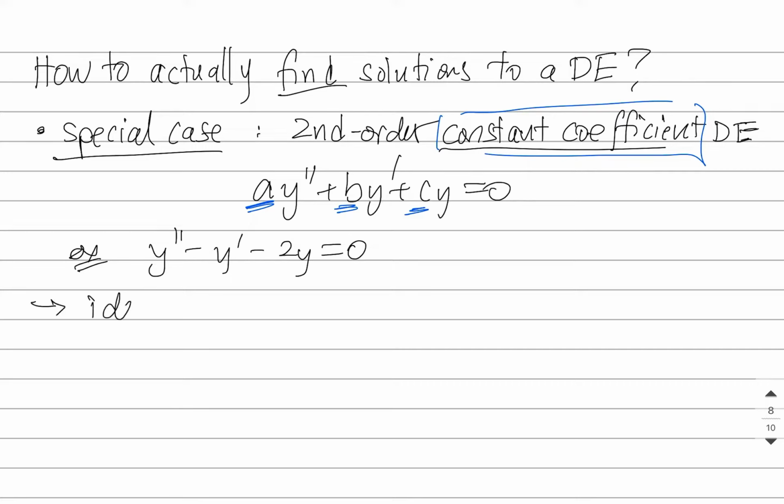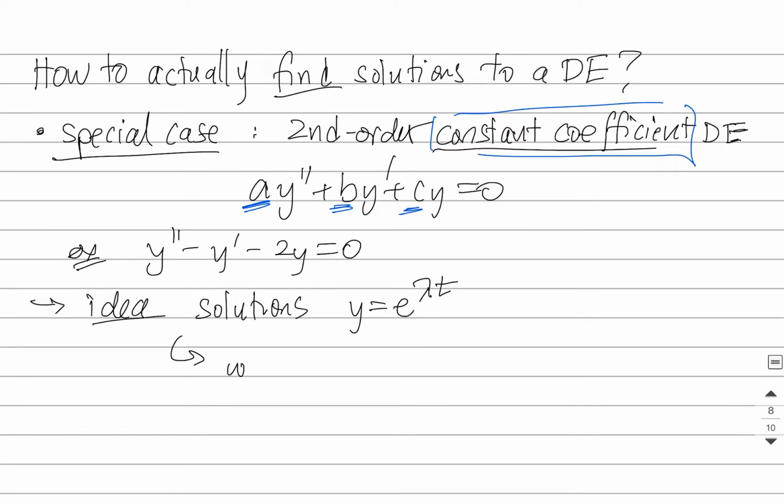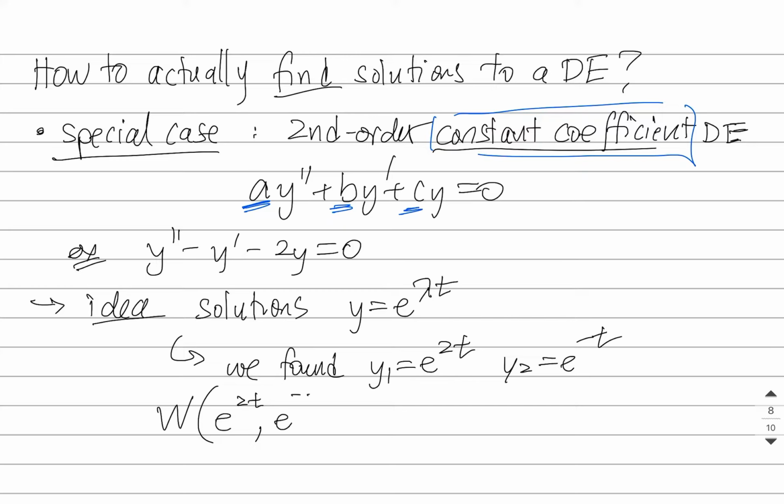And so the idea is that the solutions are always going to be of the form y = e^(λt). We found that y1 was e^(2t) and y2 was e^(-t). We also found that the Wronskian of those two solutions ended up being non-zero, so they are linearly independent.